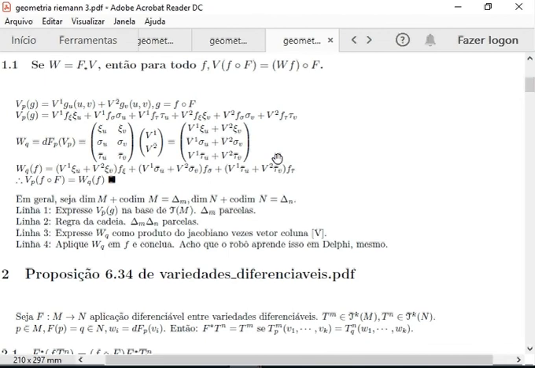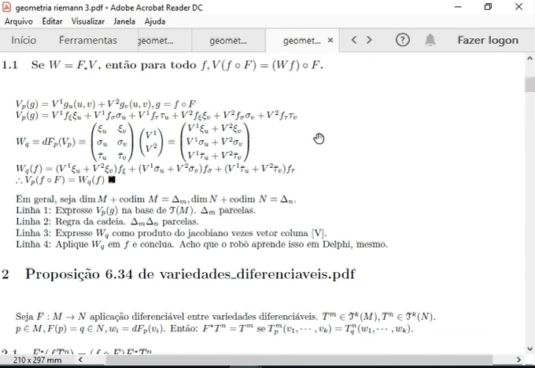It has a derivative related to U and a derivative related to V. So we're writing V_P at G is V1 F_C U plus V1 F_sigma U plus V1 F_tau U plus V2 F_C V plus V2 F_sigma V plus V2 F_tau V.